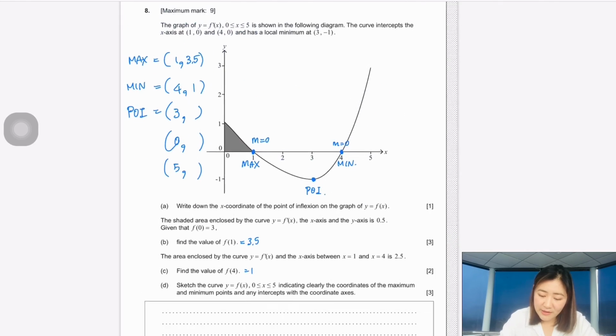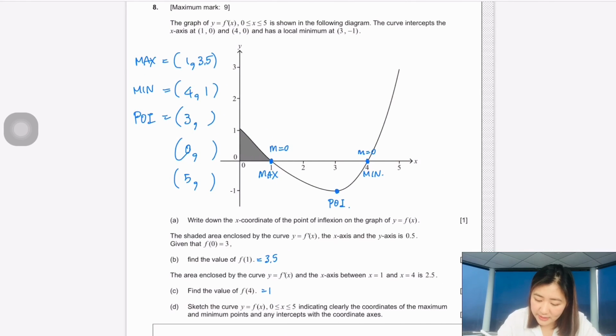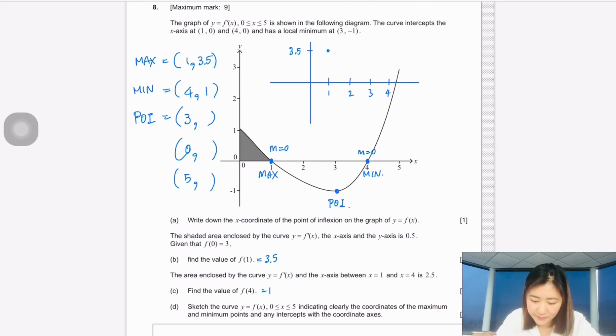So for the graph that we can draw, may I draw it here? This is 1, 2, 3, and 4. For 1 you will get a maximum at 3.5. So this is 3.5, you will get a maximum.